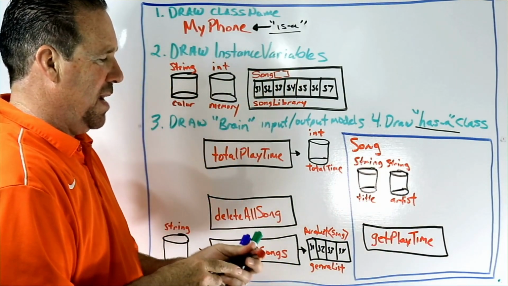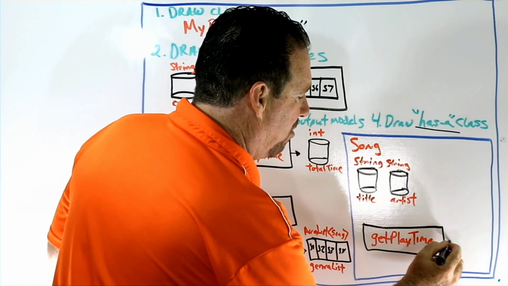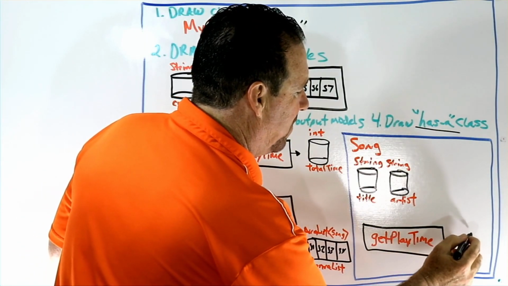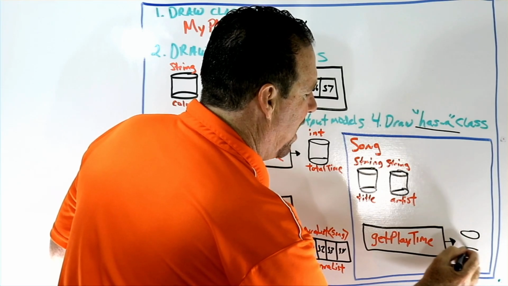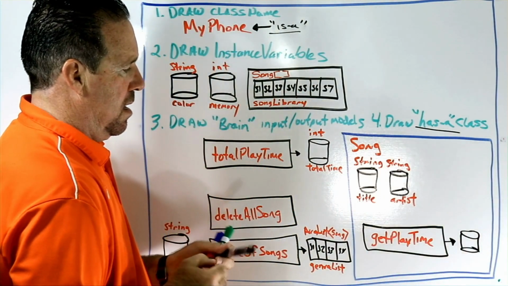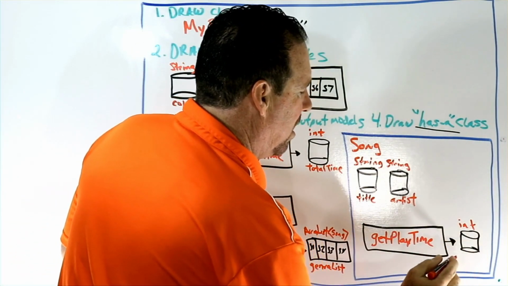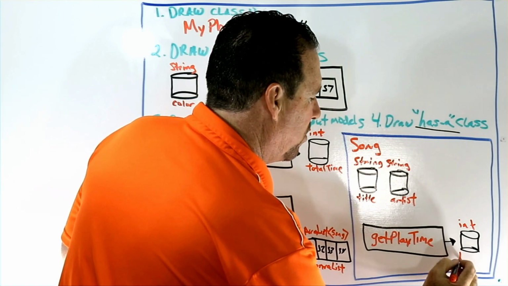Okay, and get playtime, if I'm using the word get, it's a getter, so something's coming back out of it, an output model. Okay, and the output is going to have an int of total time.